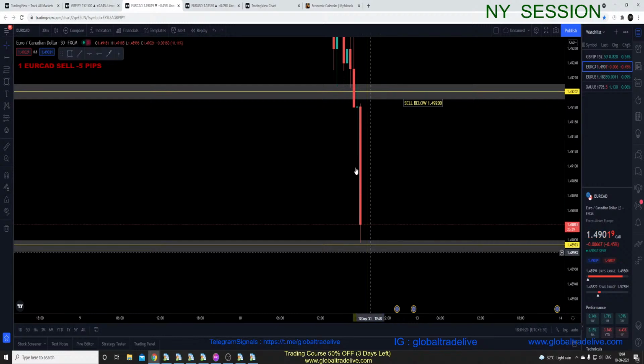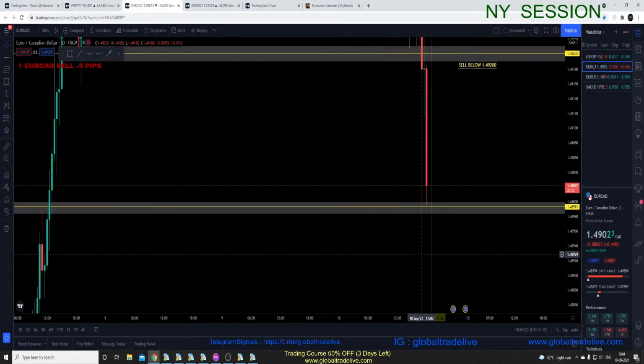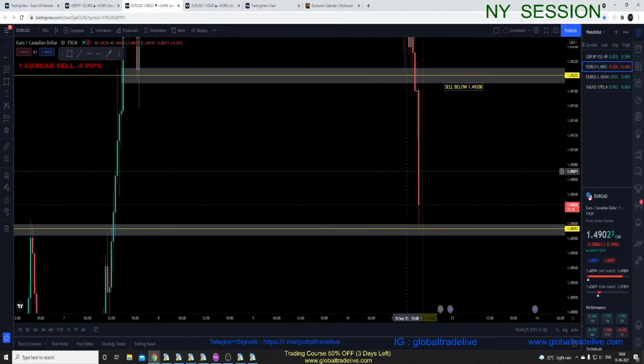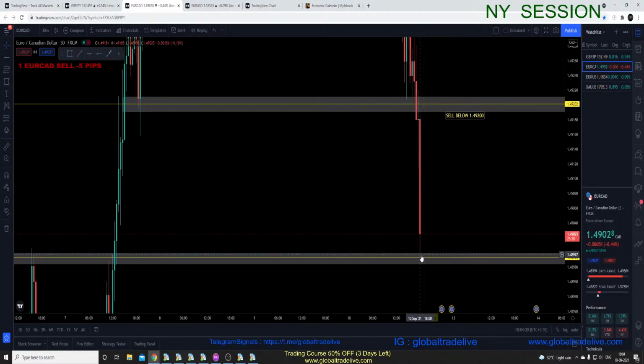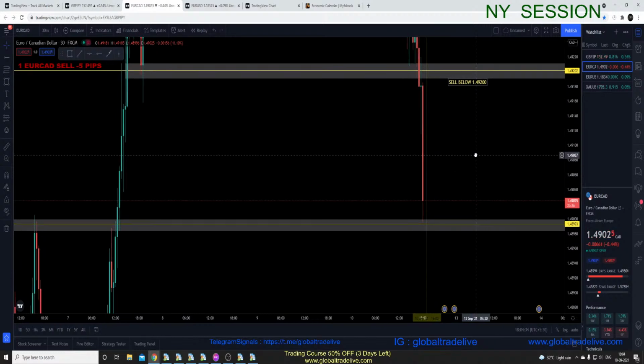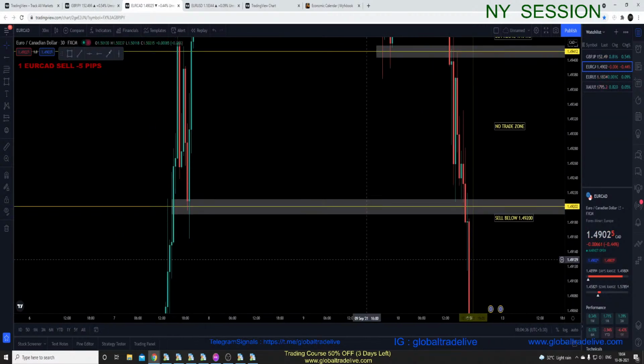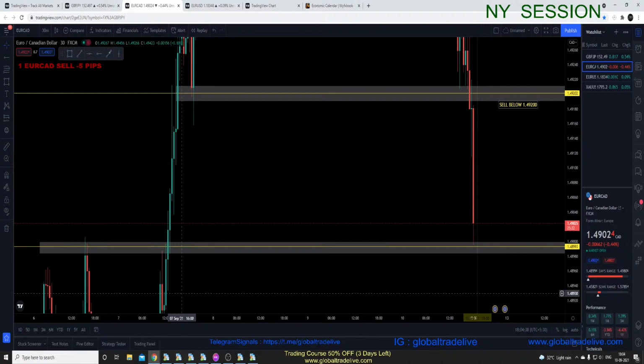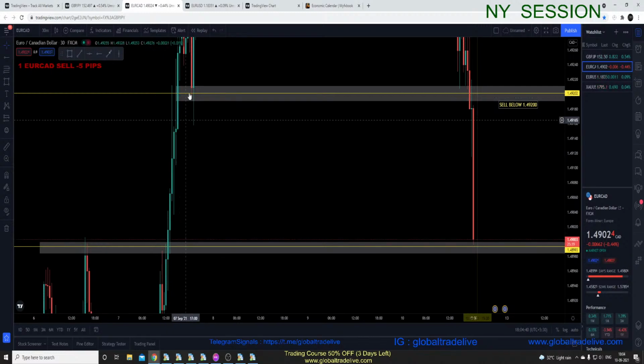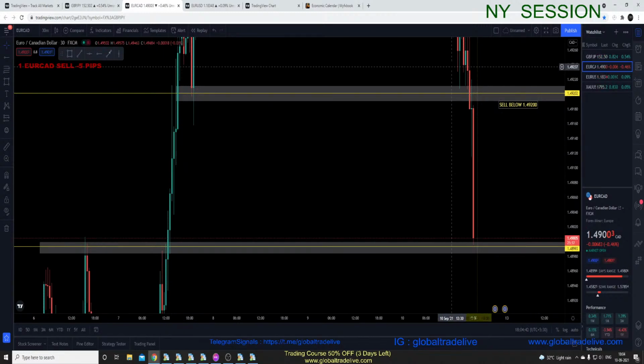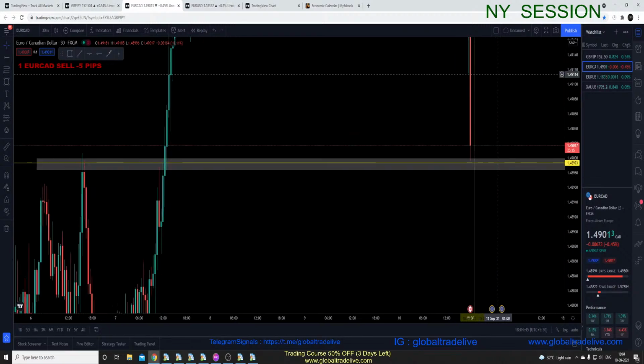But now I'm gonna look for something else. I cannot take this trade now, because I want it to retrace back and then move down. But I don't think that's gonna happen, because this move was a huge move, went up, and this move was a huge move, went down.